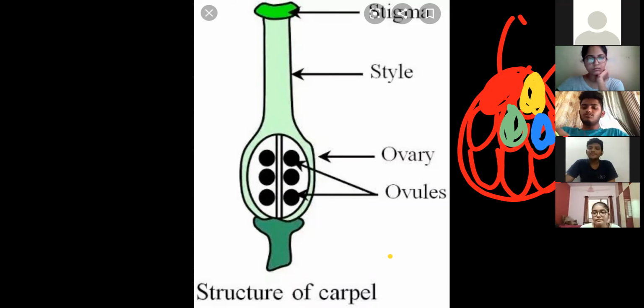If the apocarpous condition is there, we can easily pluck individual fruitlets, like in custard apple.